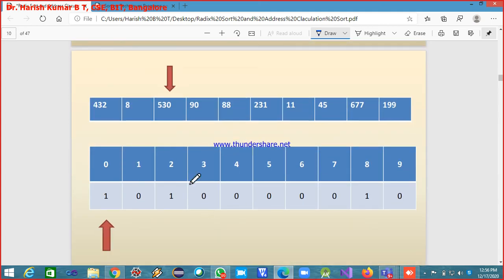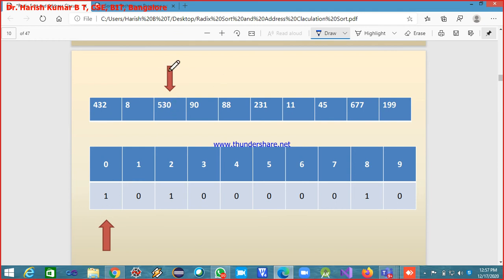What this is basically doing is tracking the count of the digits: how many elements have 0 as the digit in the ones place, and how many elements within my unsorted array have 1 as the digit in their ones place. Now I have encountered one element which has 0 in the ones place, so this is incremented.